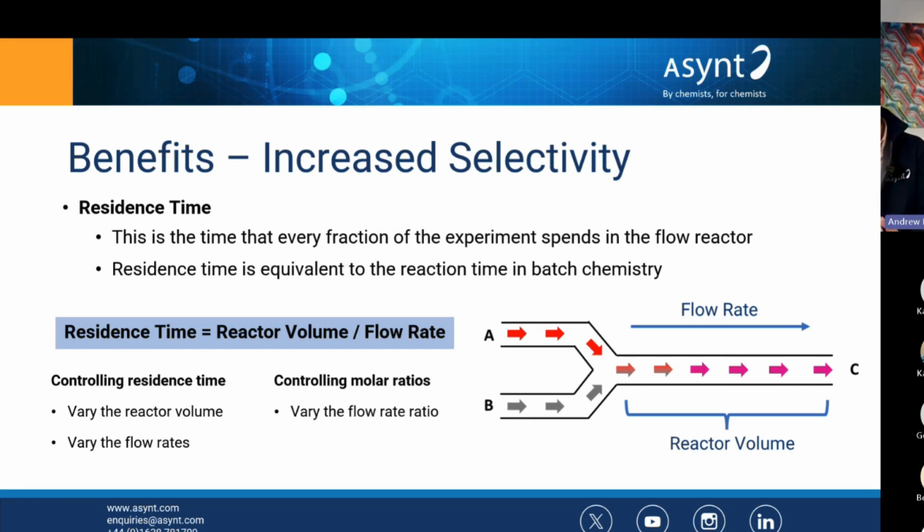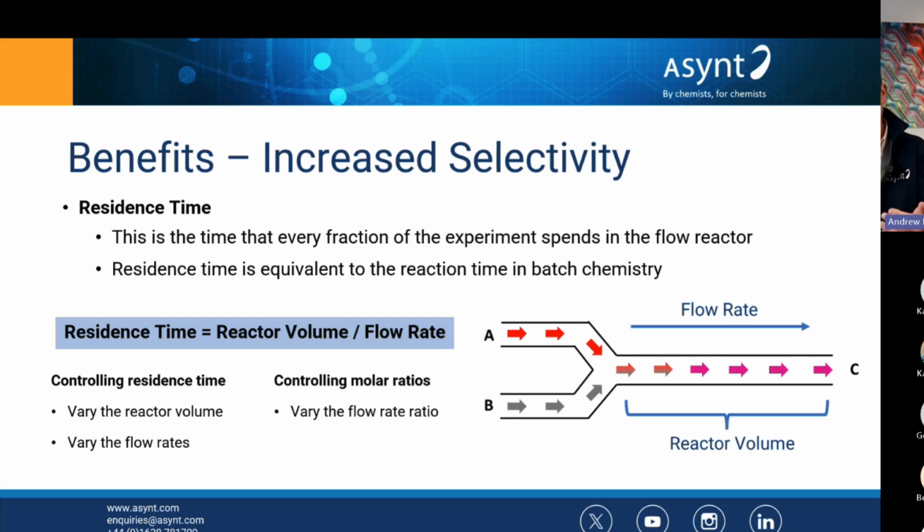So residence time is one of those key principles, and it's really simple. We have a reactor, flow reactor, whether that's a capillary, whether it's a glass chip with a channel etched in, packed bed reactor, for example, it's a fixed volume. And we have pumps, so we can control the flow rate. So the residence time is a simple calculation. It's the reactor volume divided by the flow rate.